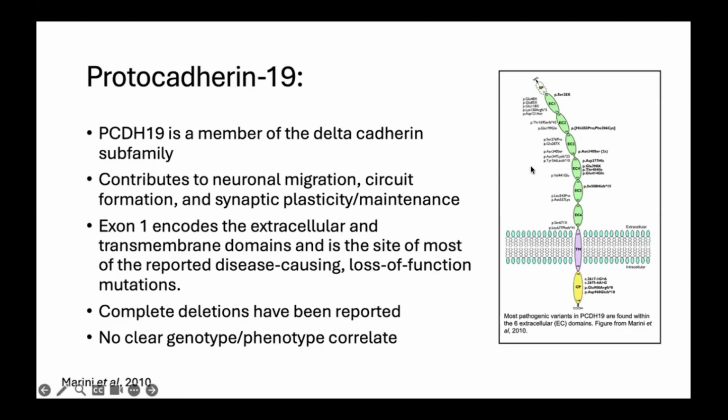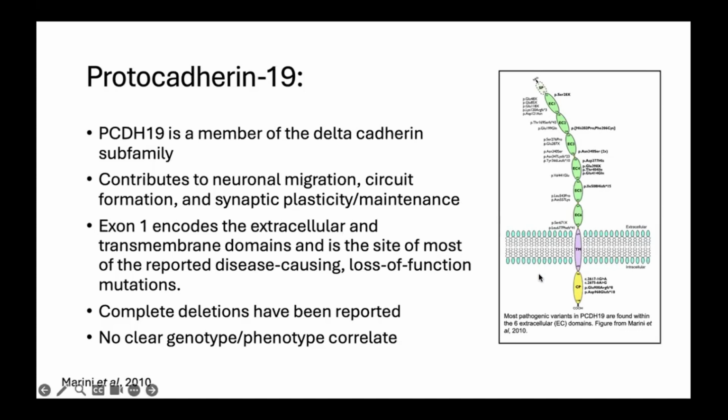As he mentioned, exon 1 is where most of the variants have been found, including some loss of function variants or entire exon deletions, which would suggest that the variants are probably all related to a loss of function. You can have loss of function or gain of function when you have a genetic change, so the fact that a whole exon deletion leads to the syndrome indicates that it's probably a loss of function mutation.